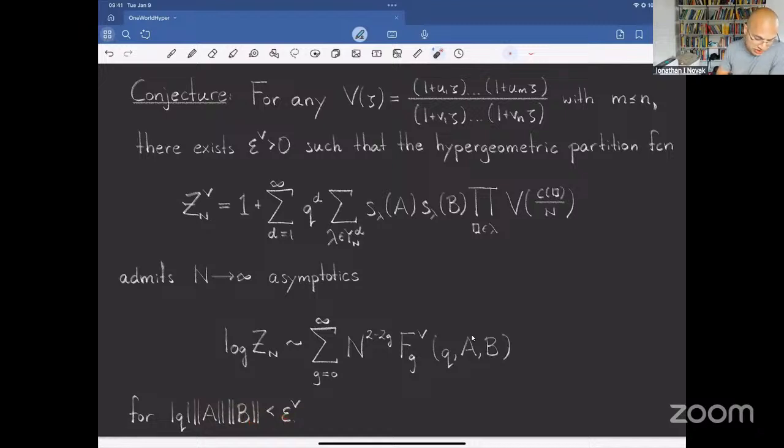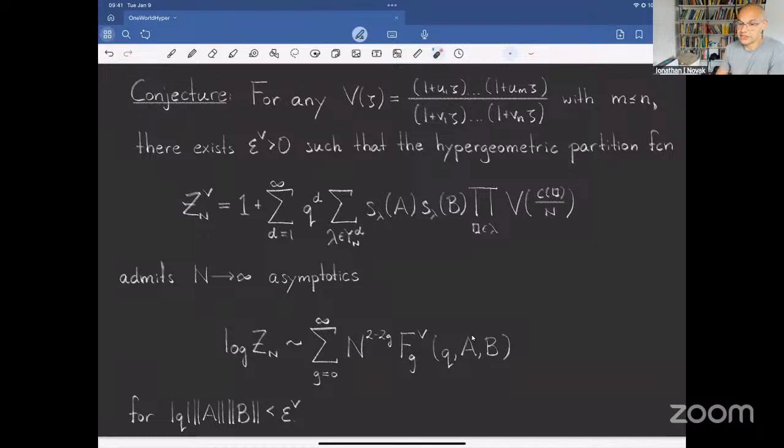So really what this is saying is that this expansion is holding in an open neighborhood of the origin in complex space of dimension 2n plus 1, where one of those dimensions is q, and n of them are the eigenvalues of A, and n of them are the eigenvalues of B. So this is actually a statement about the asymptotics of an analytic function of 2n plus 1 complex variables as n goes to infinity.